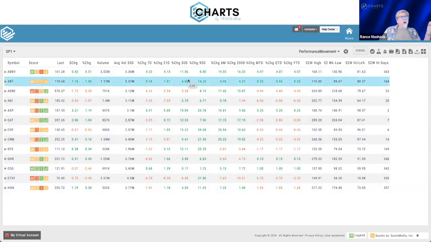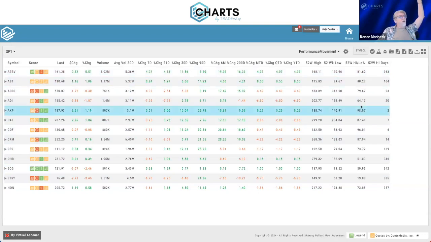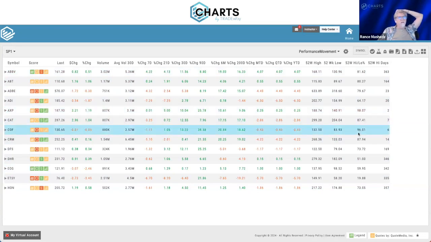It also shows you the 52-week. I'm not going to go into each of these views, but I want you to get an idea that you can set these up to your particular needs. So here I'm showing the 52-week high and low, and where it is in that percentile. So 100% would be a new high, and this is very close to a new high right here, 98, 96.